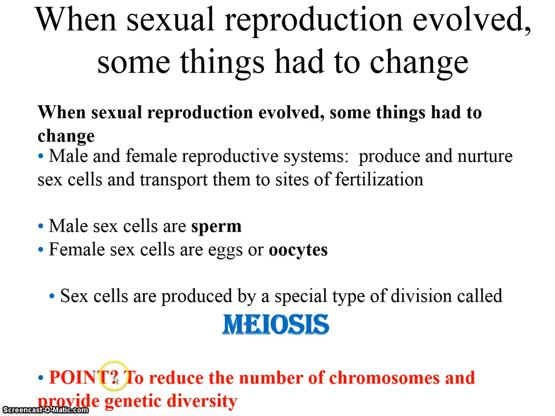And the reason this has to be done is because fertilization is a union of two separate cells. And so if each of these cells had the normal number of chromosomes that the other cells in your body have, which is 46, well, then the cell produced from the union of these two would have 92 chromosomes, and this would not allow development to proceed.